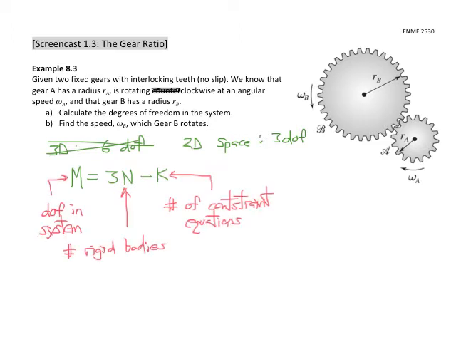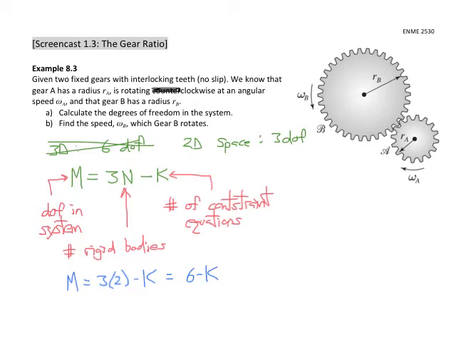And so with n equals 2, we have m is equal to 3 times 2 minus the number of constraint equations, and so we get 6 minus k. So we're starting off with 6 degrees of freedom, and we need to figure out what all of our constraints are.